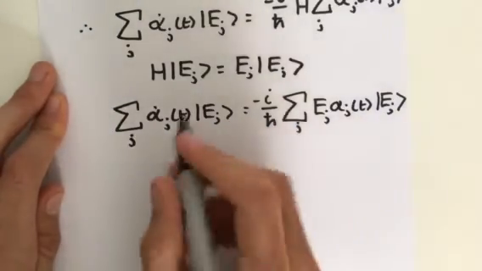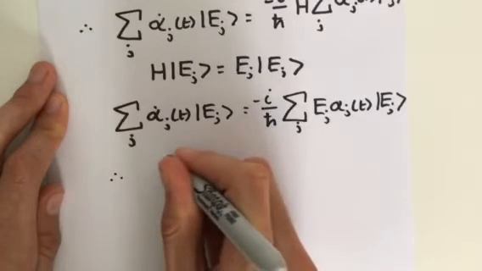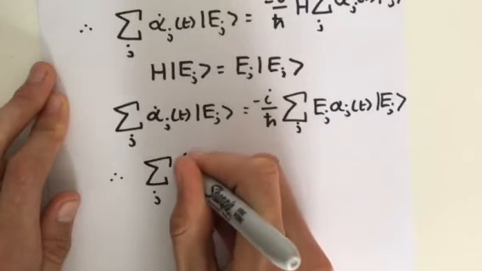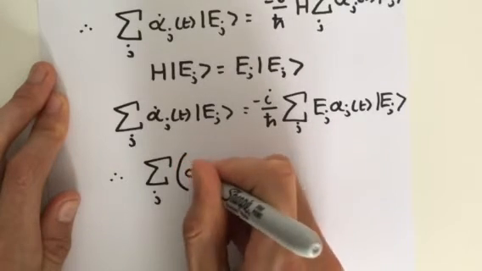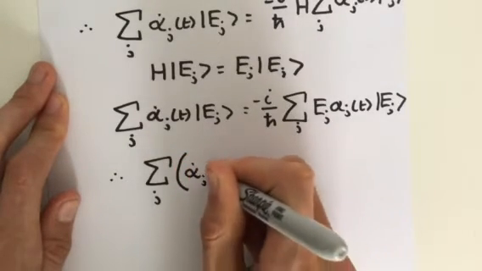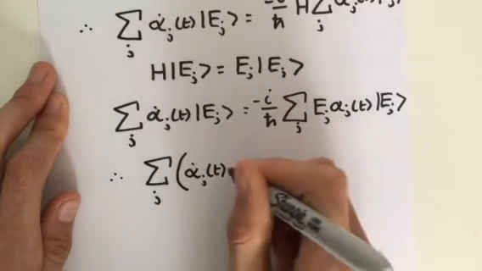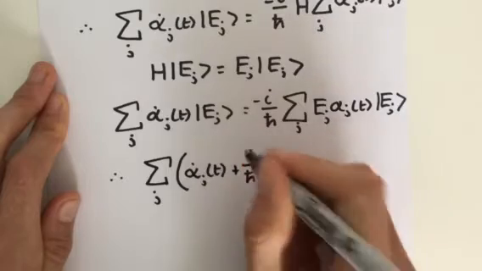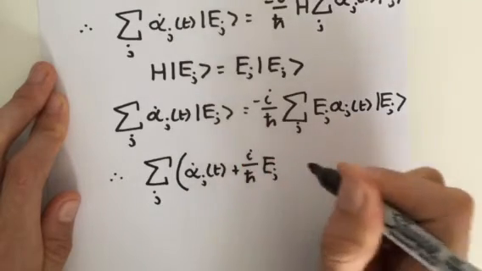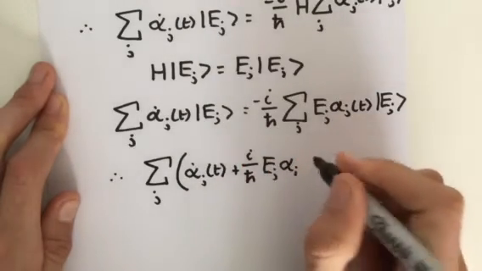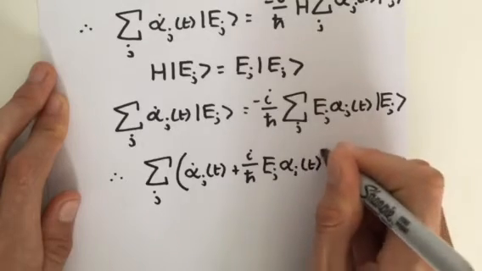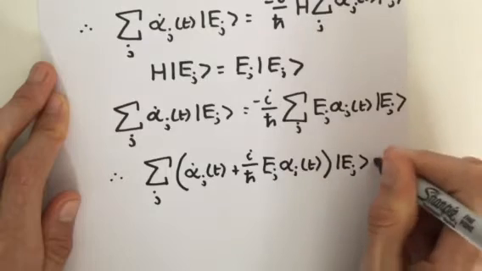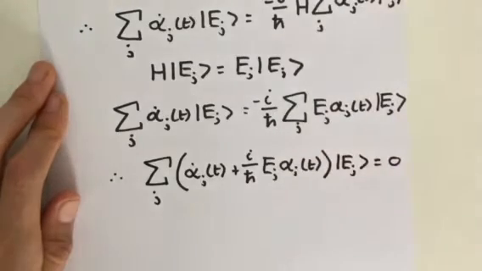If we regroup it, we get the sum over j, and we put in brackets alpha dot j of t, and then we add i over h bar times Ej times alpha j, which varies with time, bringing it to the other side. All that is multiplied by our eigenvector, and that's going to equal 0.